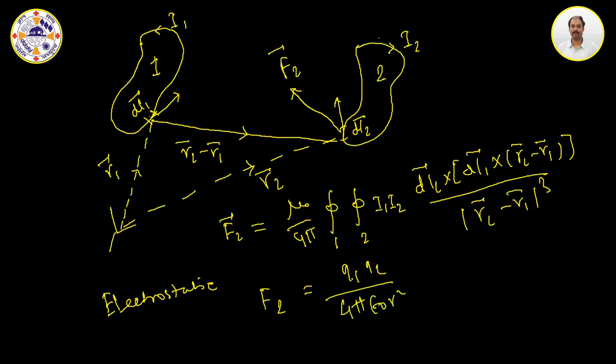So here Q1 plays the same role as I1 dl1, Q2 plays the same role as I2 dl2, and mu 0 by 4 pi plays the same role as 1 by 4 pi epsilon 0 in electrostatics.